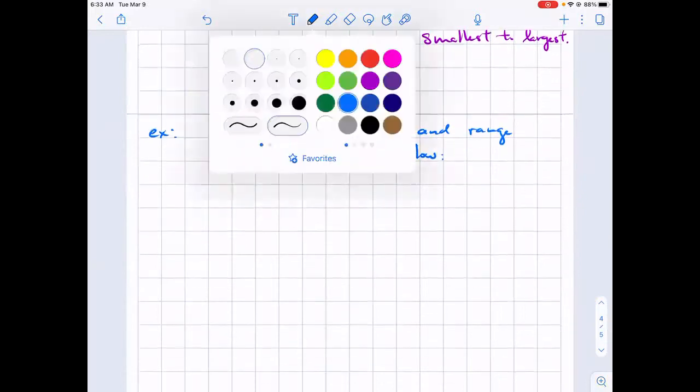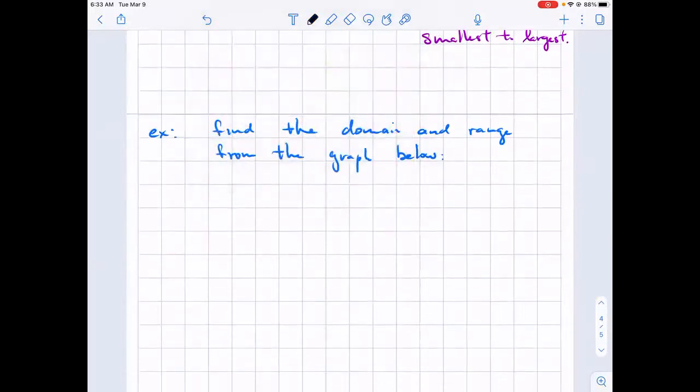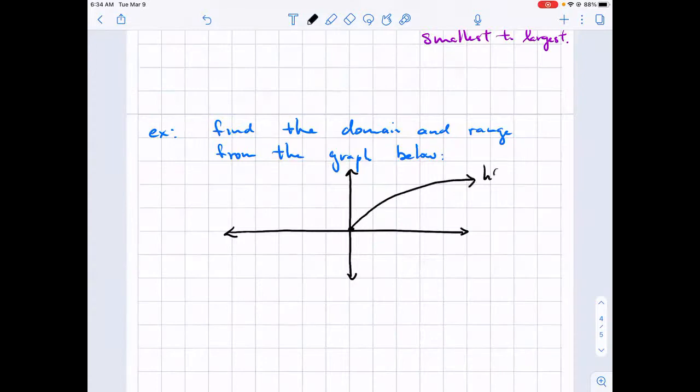And here I'm giving you this graph. And the graph I'm presenting to you is this graph here. Let's call this graph h of x.